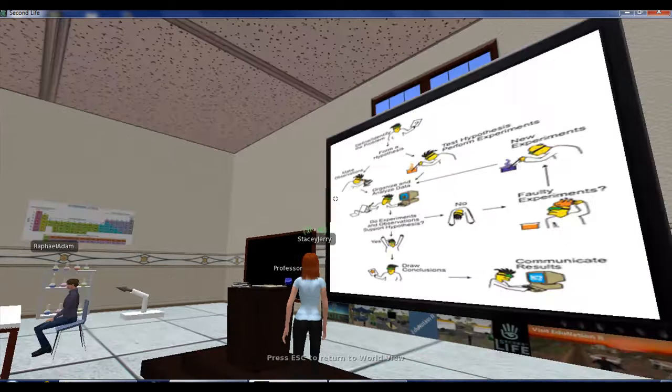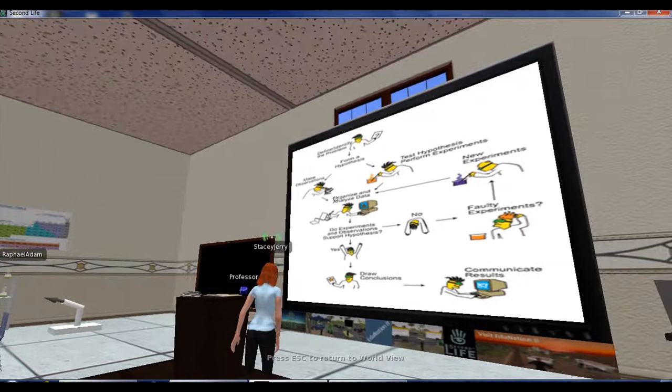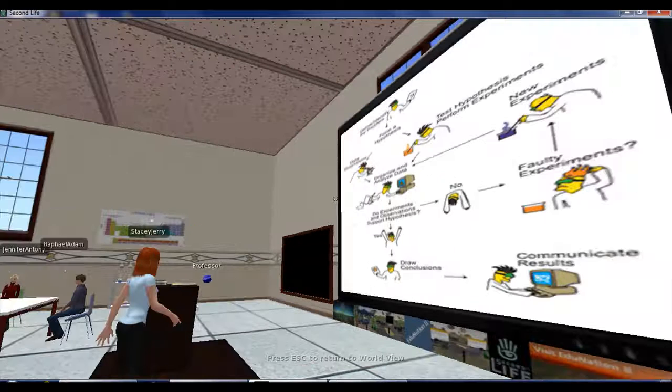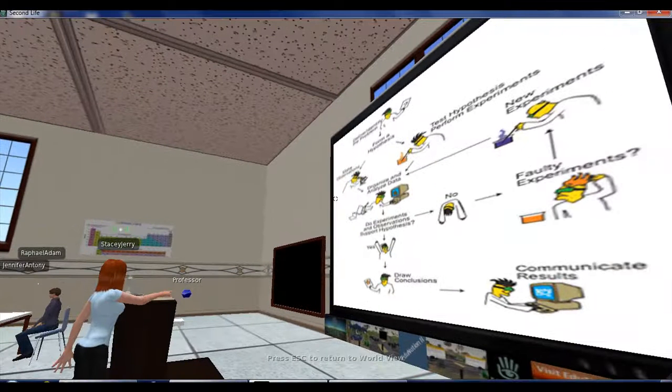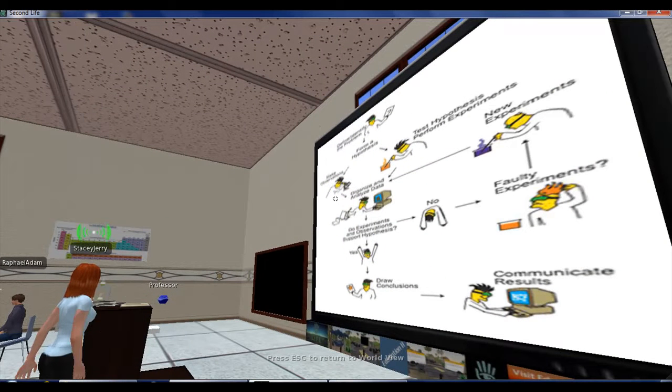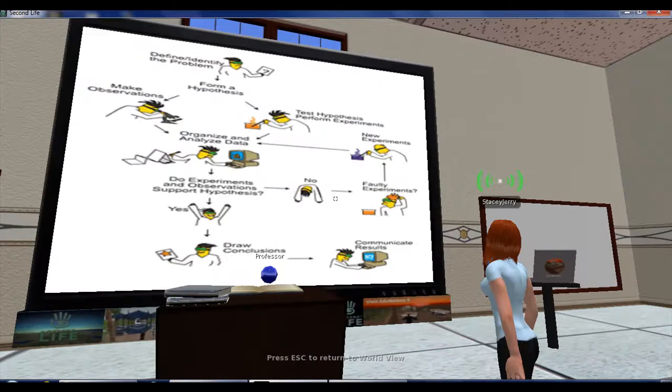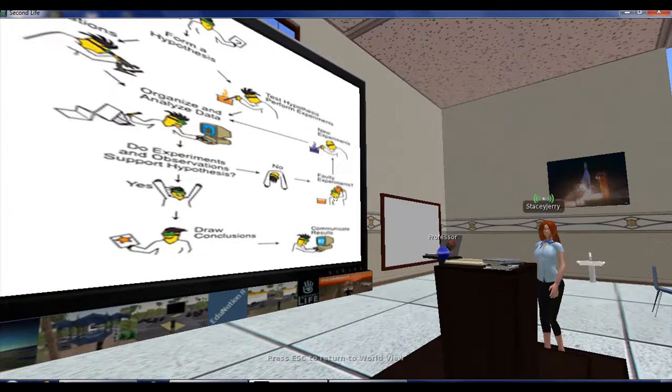Look right here. It starts with identifying a problem, then the process leads to making a conclusion and communicating those conclusions. The part we're going to be working on today is the problem.